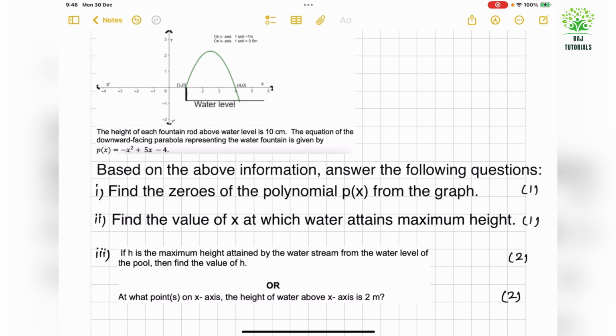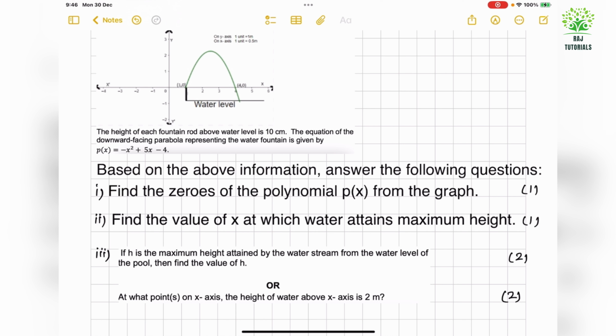So water attains maximum height at x equal to 5 by 2. Then the third one says, if h is the maximum height attained by the water stream from the water level of the pool, then find the value of h. So I can say x equal to 5 by 2.